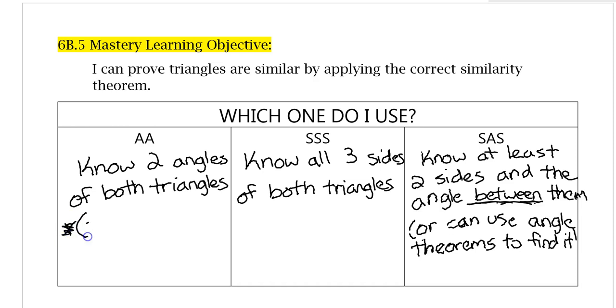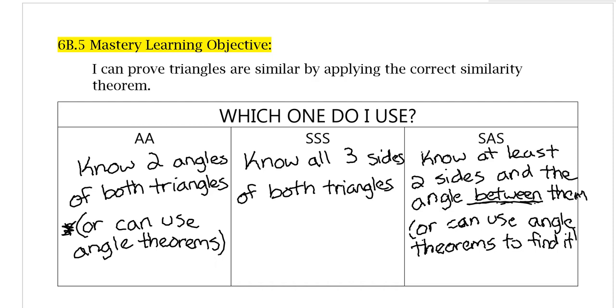Again, you can use angle theorems. So our angle theorems are all the things we learned in 6B.1. We have our angle theorems include vertical angles, corresponding angles, and the triangle angle sum theorem. So if either of those apply for the angles, then that works for angle, angle, and side, angle, side.